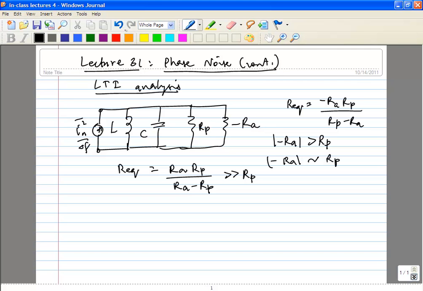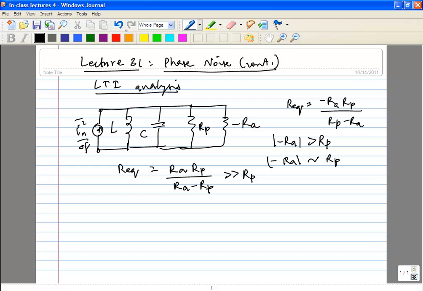We covered this in one of the first VCO classes: when you have two resistors in parallel, if you want the negative resistance to be more prominent, it actually has to be less than the positive resistance. You can check out the notes. What I'm trying to say is that you have to say the effective impedance of that RLC combination is positive.